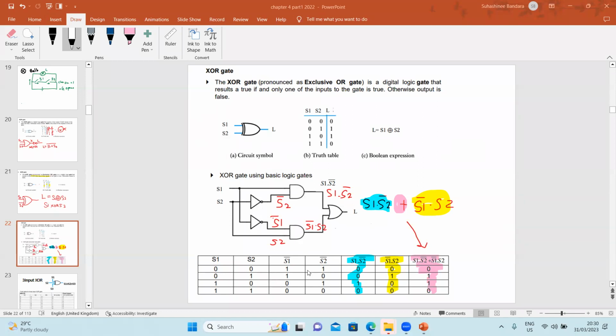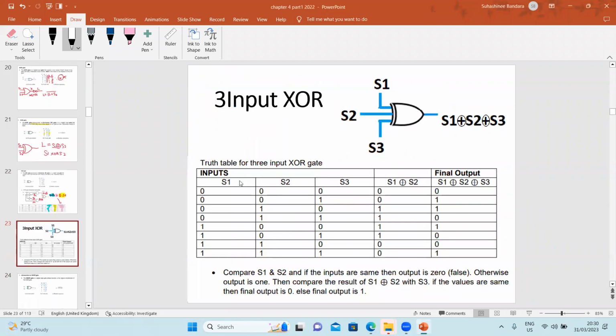Okay. So then next I'm going to move to the 3 input XOR. Assume there are 3 inputs: S1 input, S2 input, and S3 input. Actually, sorry, for a 3 input XOR, that means 2 XORs: S1 XOR S2, XOR S3.